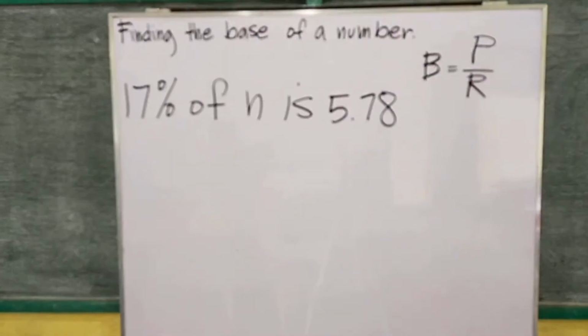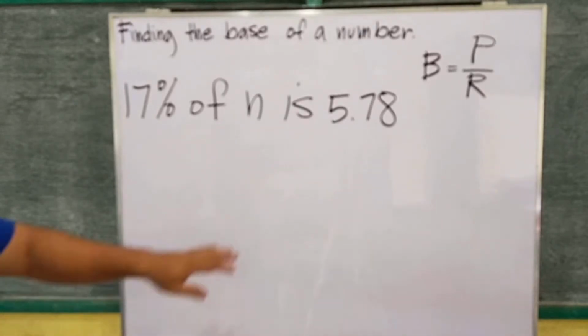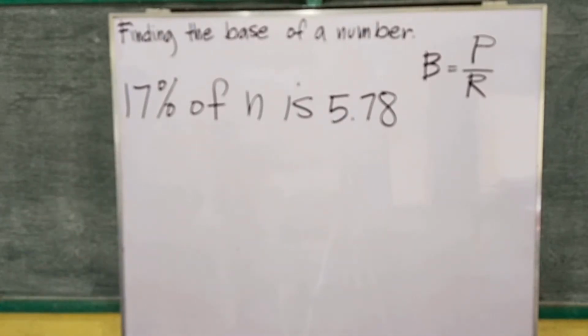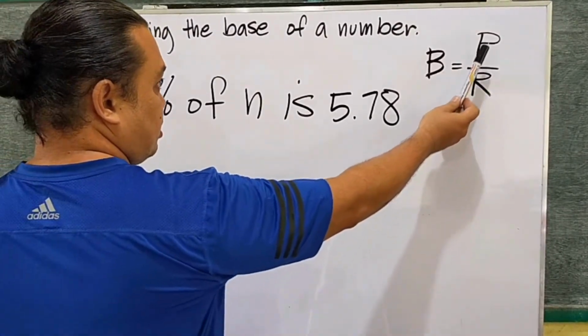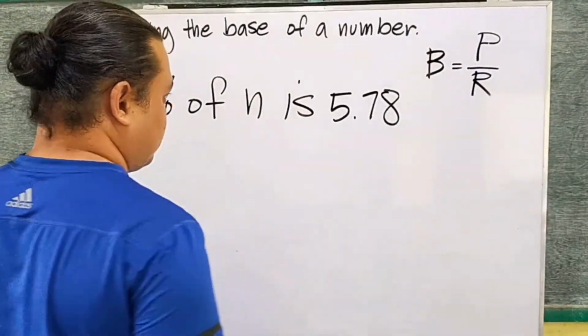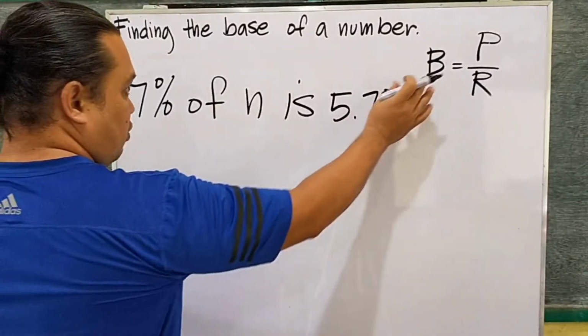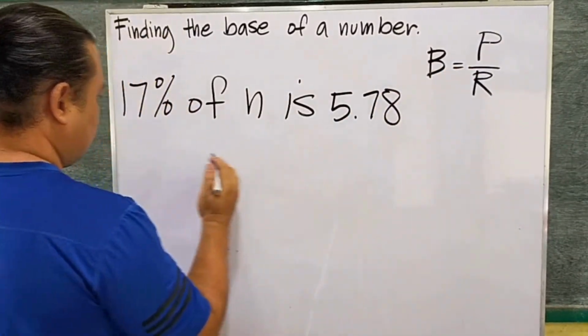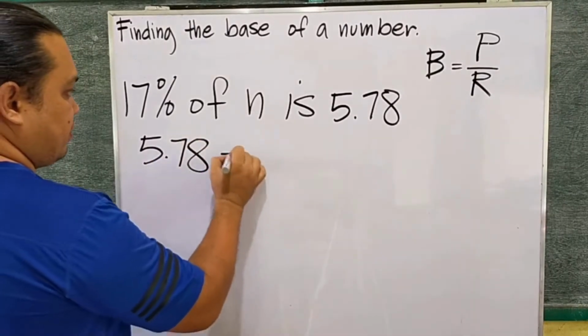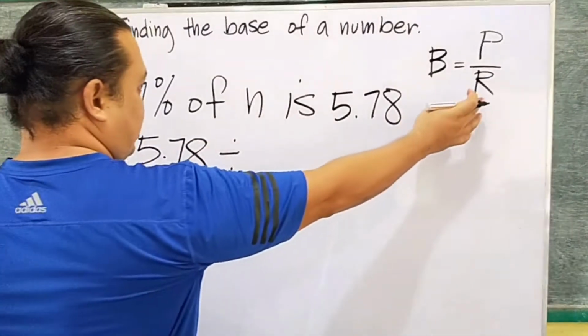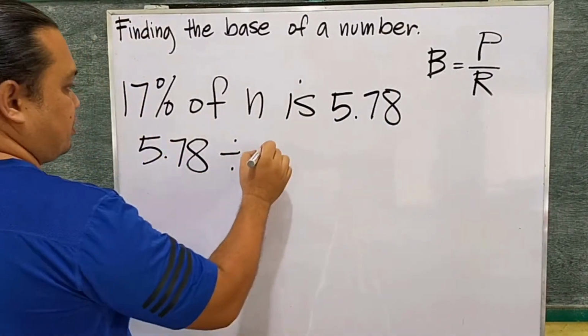So we have here now an example in which we are looking for the base. The same principle: all we need to do, looking for the base, is percentage over rate. So for our percentage, that is 5.78, divided by rate, which is 17%.